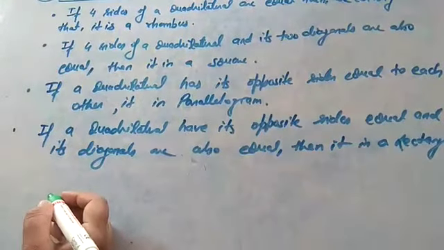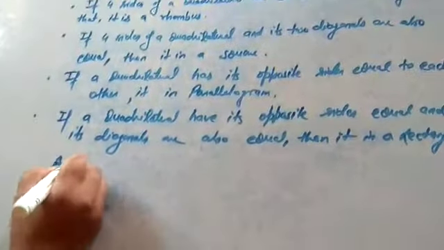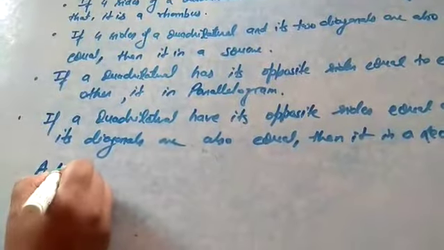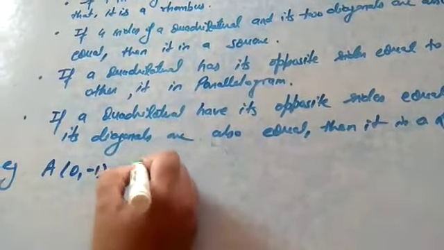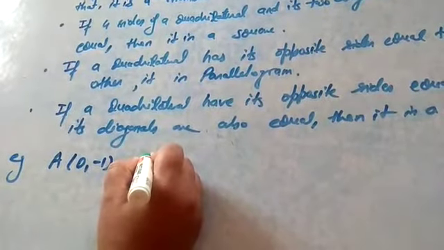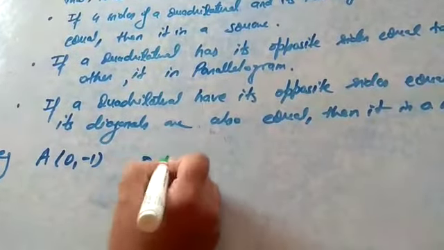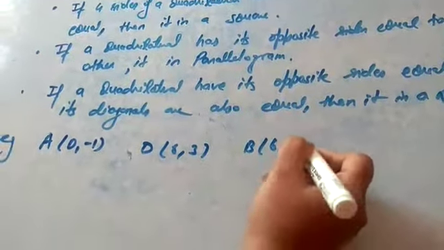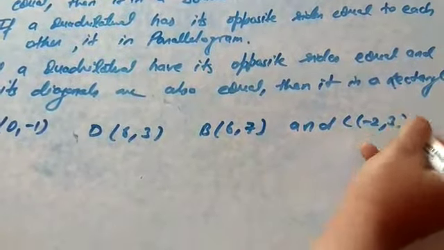Suppose it is given that the points A (0, -1), D (8, 3), B (6, 7) and C (-2, 3).